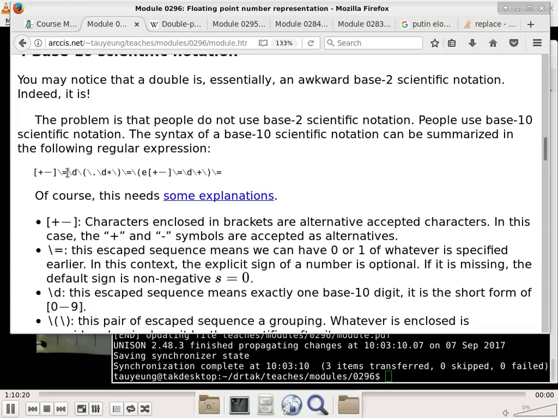\D is just a shorthand for the digits from 0 to 9. Whenever you see \D, it is just saying this has to be a digit. When you see \( and the matching \), it is a grouping. In other words, it's saying consider whatever is enclosed as a single unit.